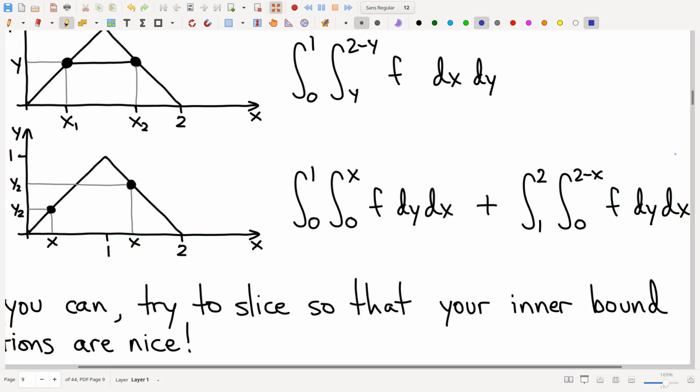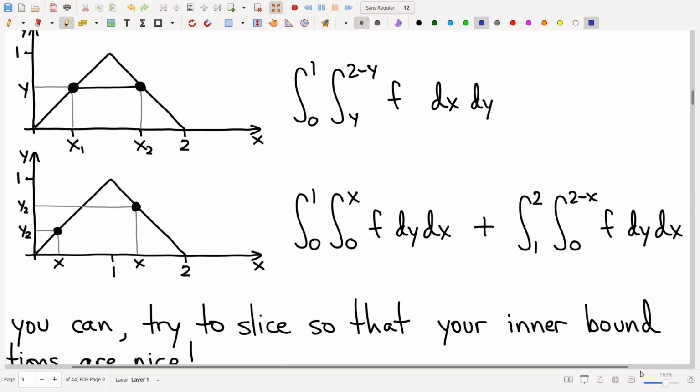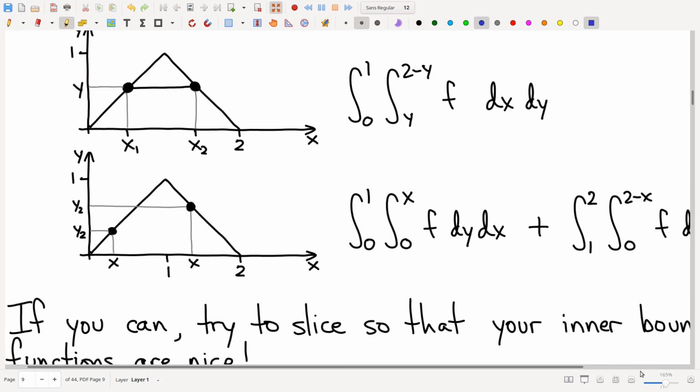My general strategy on this, again just for intuitive, convenient purposes, is to look at how you slice on the outside. For example, putting y on the outside, there's my y range, and here are my y slices.